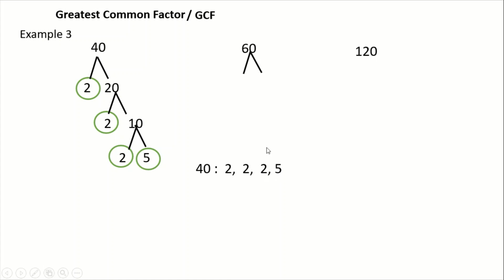Next one is 60. What are the factors of 60? We have 6 times 10. 6 is still a composite number, and so is 10, so we still need to factor both. For 6, we can use 2 times 3 as factors, and when we multiply 2 and 3, the answer is 6. The 2 and 3 are both prime numbers, so there is nothing more to do. 10 is still a composite number, so the factors of 10 are 2 and 5.